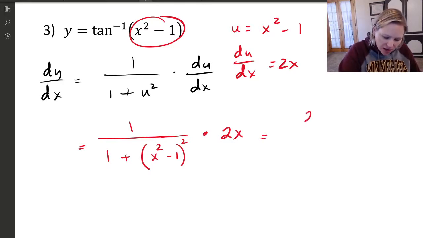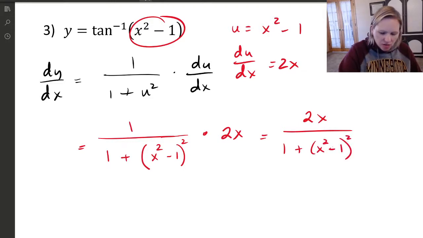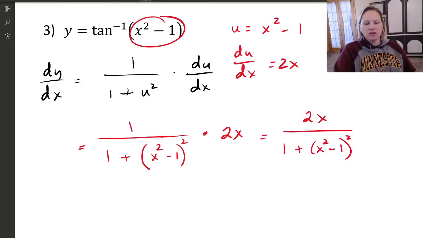So when I simplify, I have 2x in the numerator, 1 plus. Now, please do not do anything else. Just stop right there, because you do not want to distribute that exponent in there.